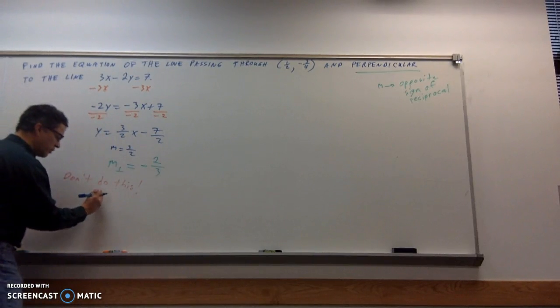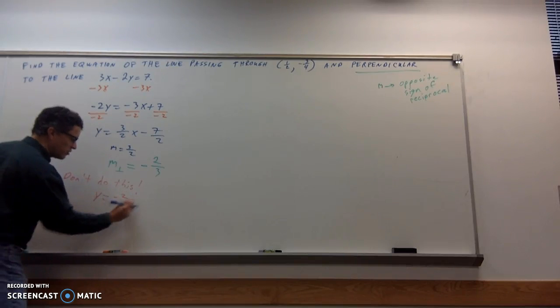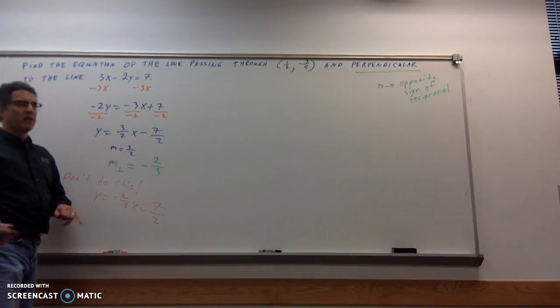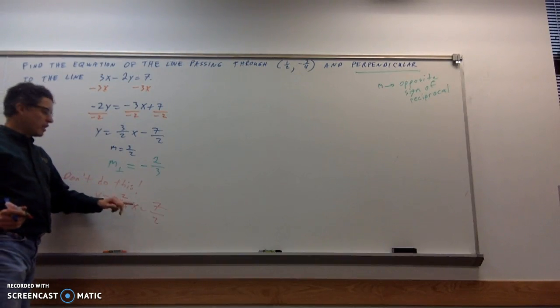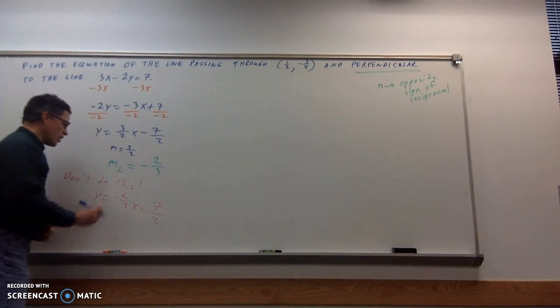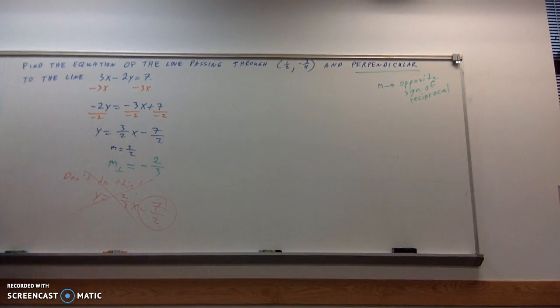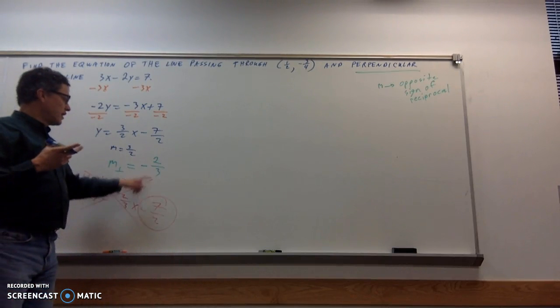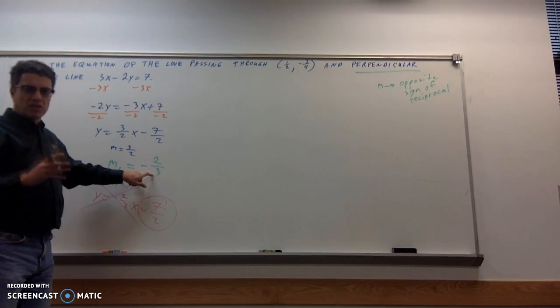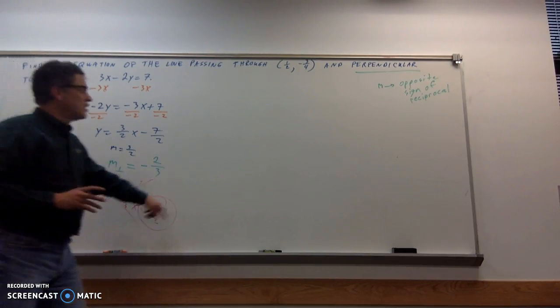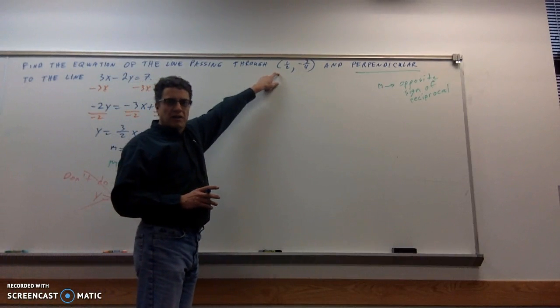So my line is going to be y equals negative 2/3 x, and write that negative 7/2 down because that's my y-intercept. And you're wrong. You're wrong right there on that negative 7/2. That's where you're messing up. I get it, you're stressed out, you're trying to make sure you get the right slope. The problem with using this negative 7/2 is it's not going to go through this point.